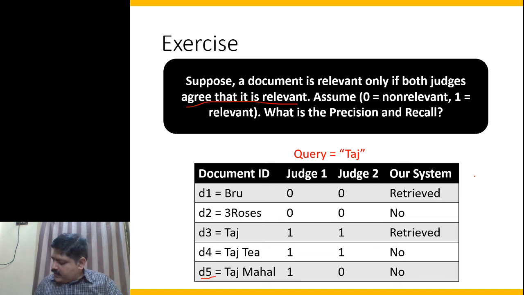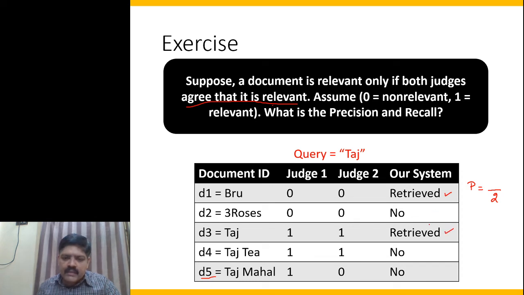Okay, let's try to solve this now. So first let's go for the precision. What do we think the precision is? The precision is the fraction of the retrieved documents which are relevant. So how many documents did we retrieve? We retrieved 2, D1 and D3.